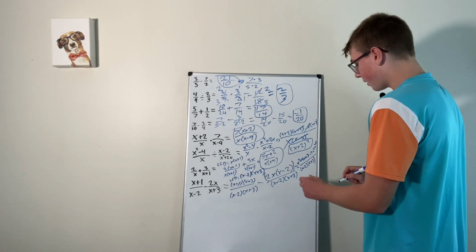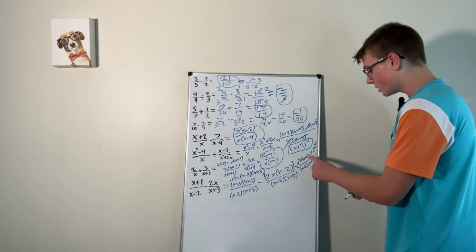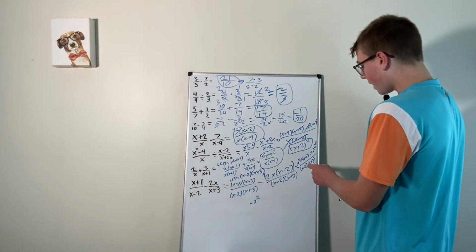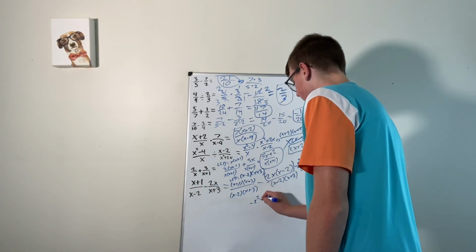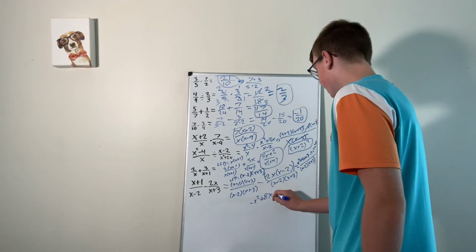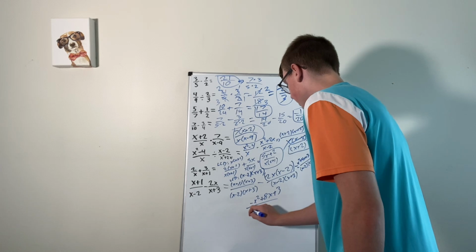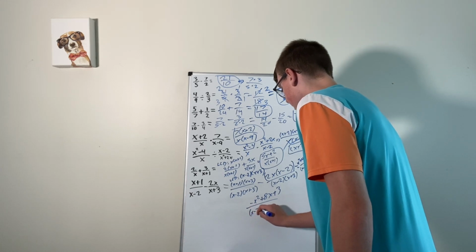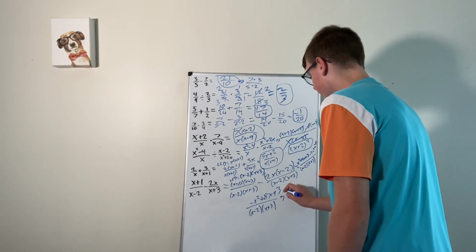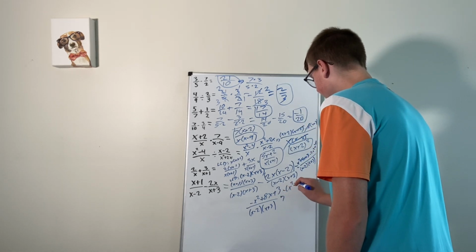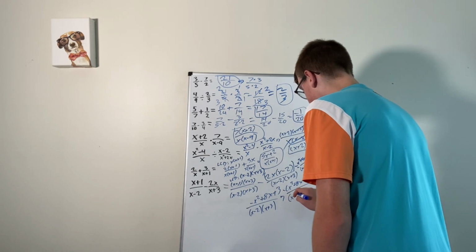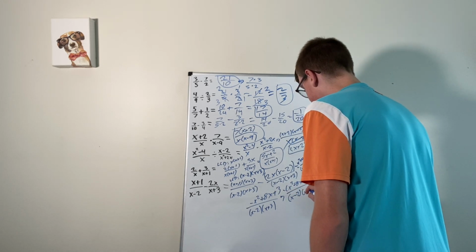Now if we simplify all that, we have x squared minus 2x squared is negative x squared. 4x plus 4x is plus 8x, and then we have a plus 3 over x minus 2 times x plus 3. And then you may say, okay, this is negative x squared plus 8x plus 3 over x minus 2 times x plus 3.